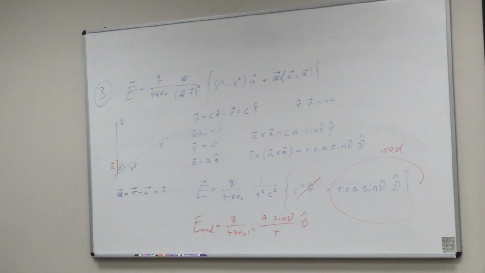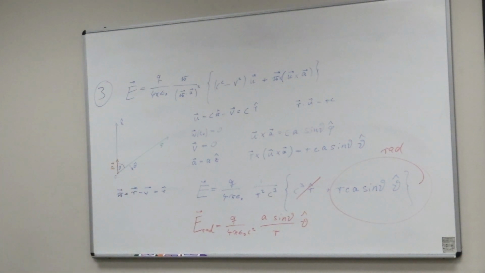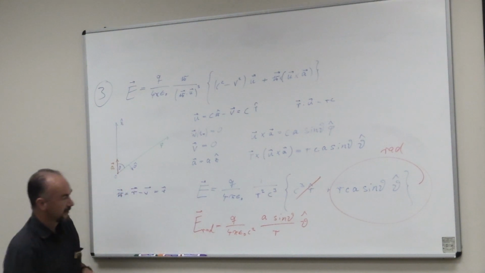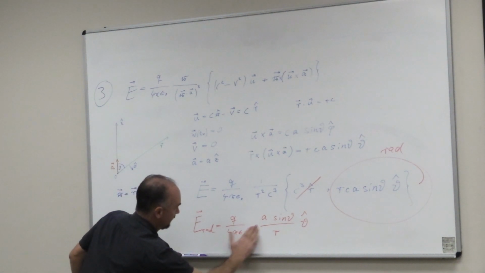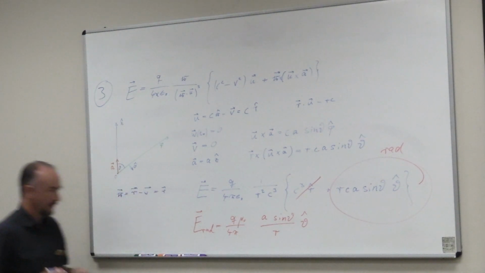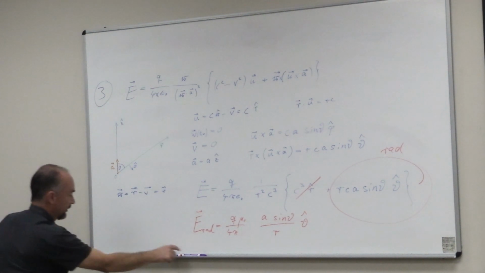And that is our radiated electric field. And 1 over epsilon naught c squared, we can write as mu naught, right? Okay. So that's our radiated electric field. Right, mu naught q is. Okay.